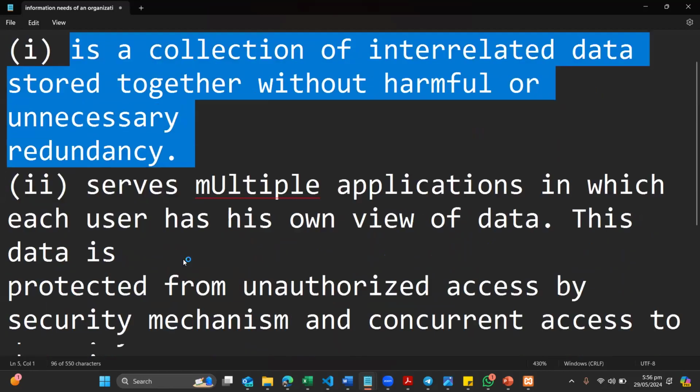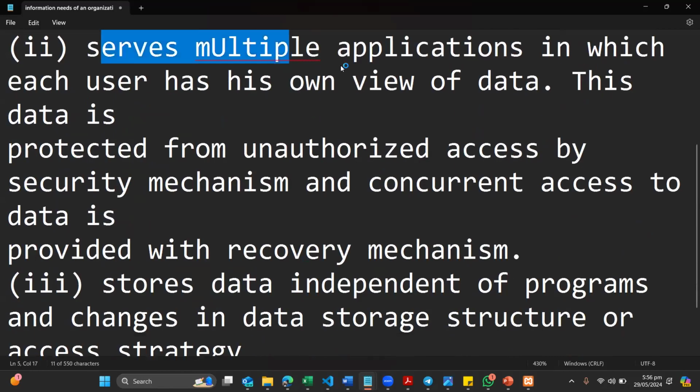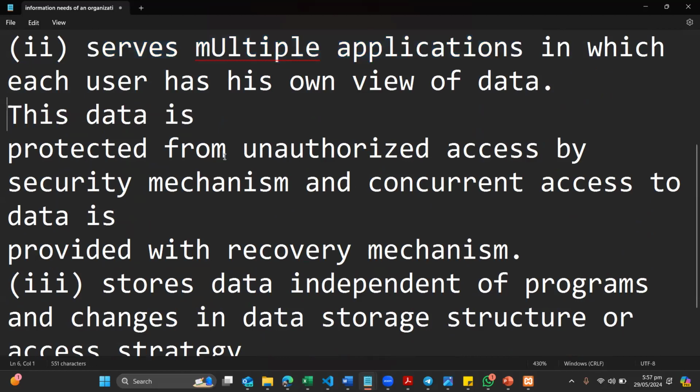Or we can say that a database serves multiple applications in which each user has their own point of view of the data. Now, this data is protected from unauthorized access by security mechanisms, and concurrent access to data is provided with recovery mechanisms.